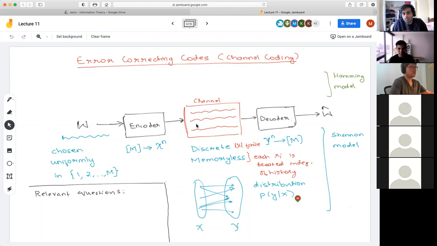It takes x as an input, has some distribution over what the outputs can be, and sends out the output accordingly. Then I send the second element of my string, and the same thing happens to it, independent of what happened to the first element, and so on. So it doesn't depend on the history.